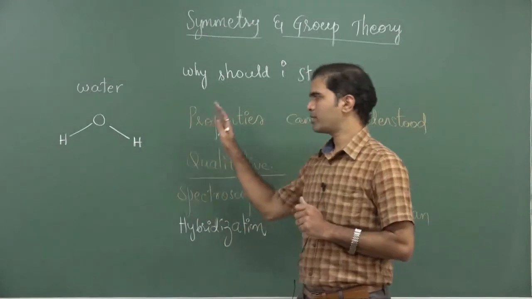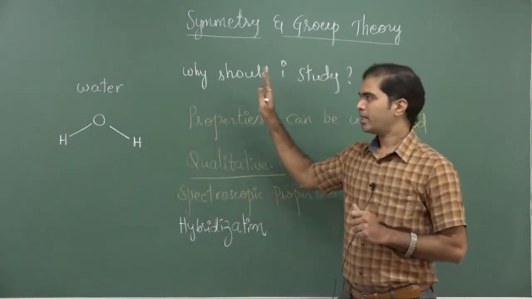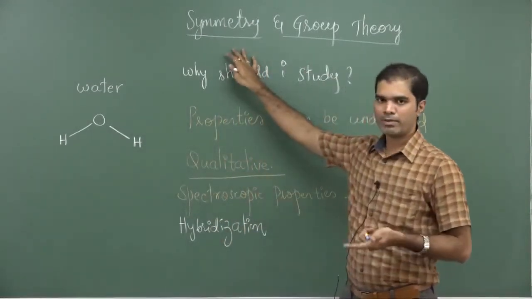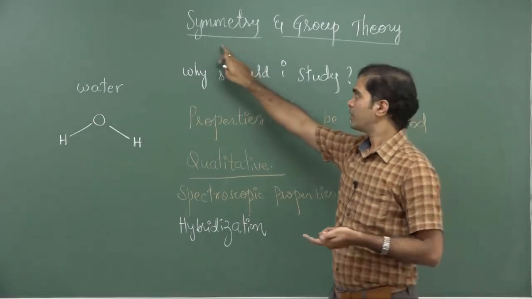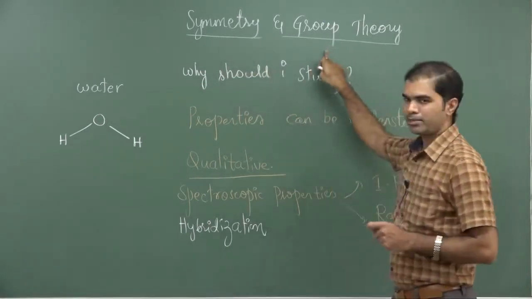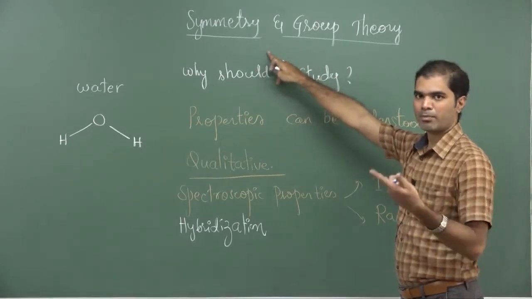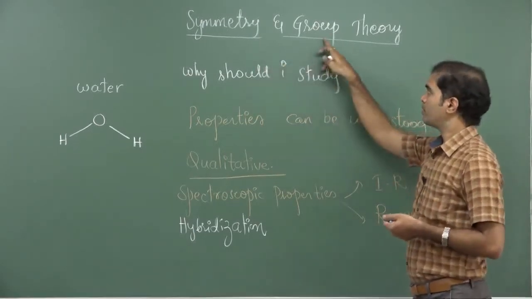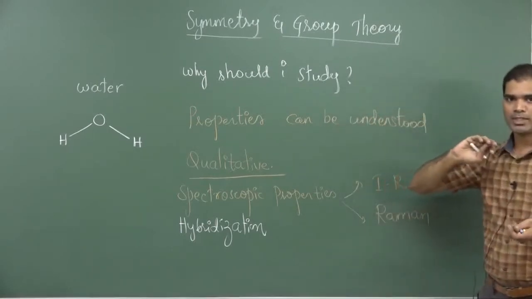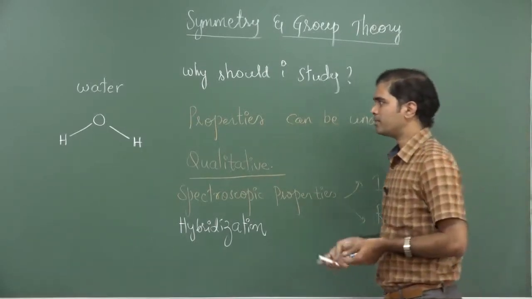So that is the importance of the symmetry, right? Every one of us might get a doubt, why should I study symmetry? Because this symmetry we are relating to group theory. As I said, symmetry is a mathematical concept which we are applying to chemistry. So there is also something called group theory which is related to mathematics.